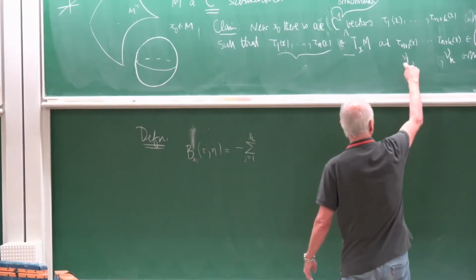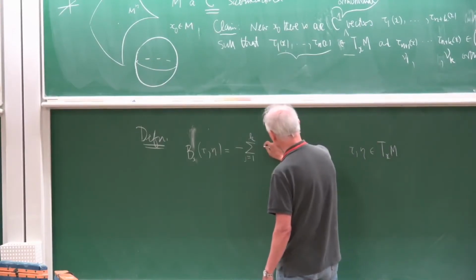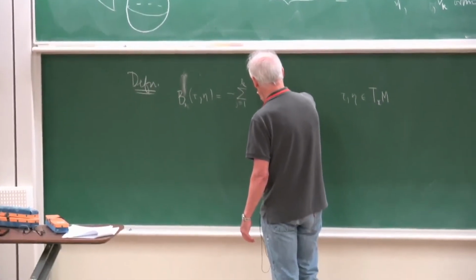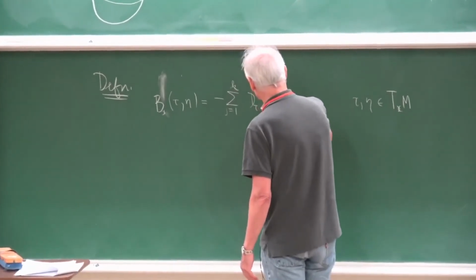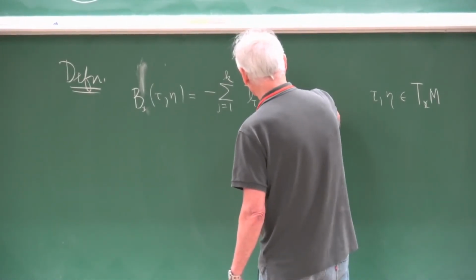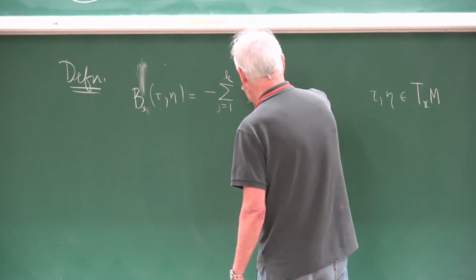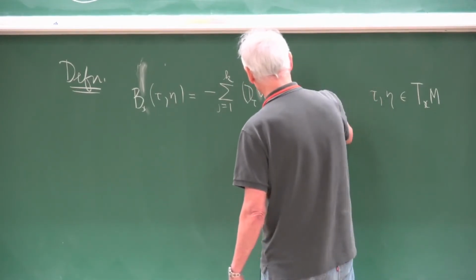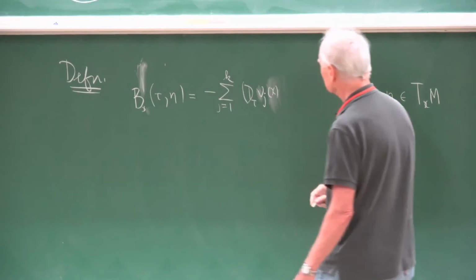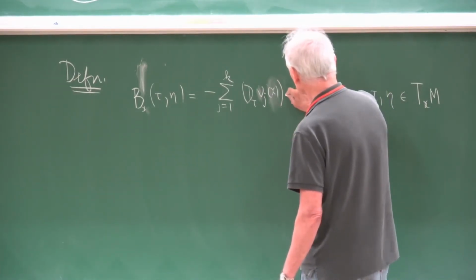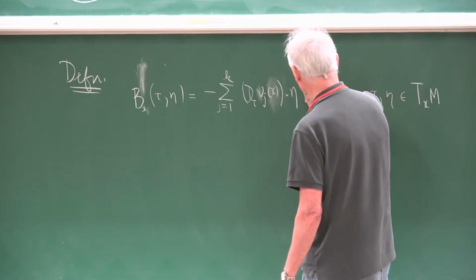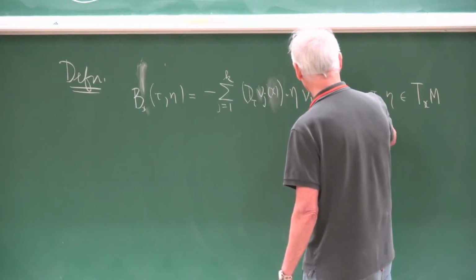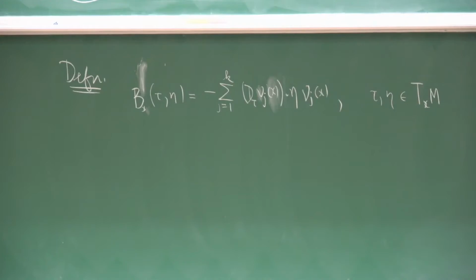We're going to be using these orthonormal basis vectors for the normal space here. So it's the directional derivative of νj at the point x in the direction τ, dotted with η, and then multiplied by νj at x. And you do that for each pair τ, η in TxM. So that's the definition of the second fundamental form of M.